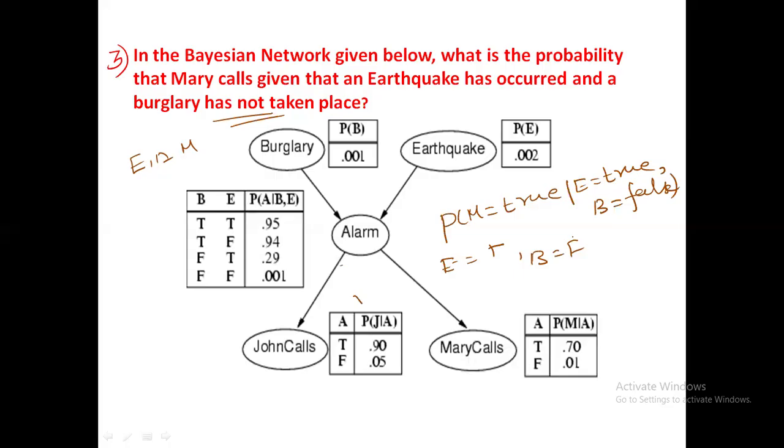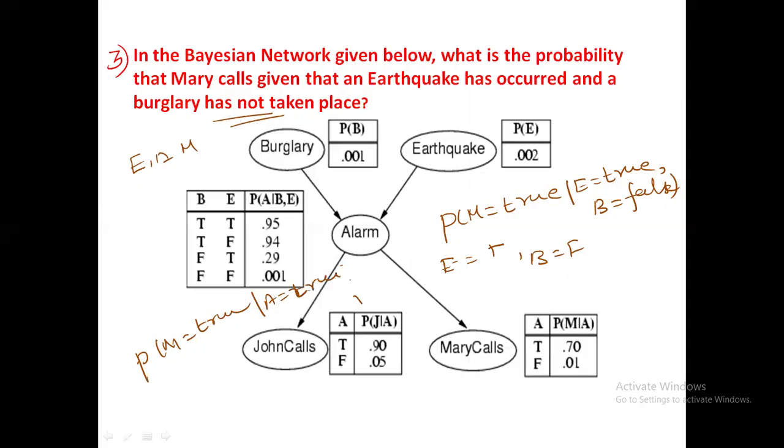We calculate probability of A is equal to true given B is equal to false, E is equal to true. Once we obtain this value, we use the probability of Mary calling given the alarm status. That we can write as probability of M is equal to true. M is equal to true means what? Alarm will be ringing.